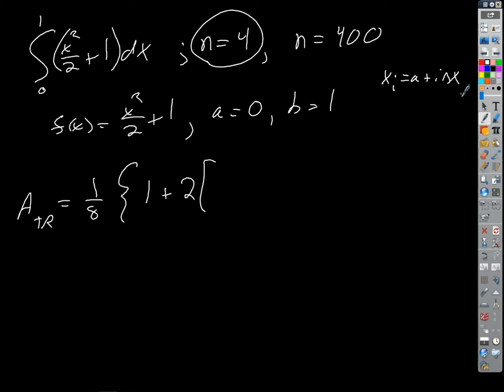So x sub 1 is going to be 0 plus 1 times delta x, which is, oh, sorry, delta x is b minus a over n, which is 1/4, right?